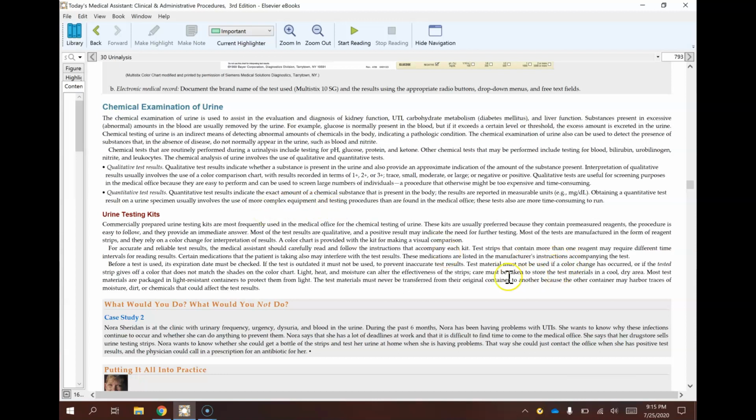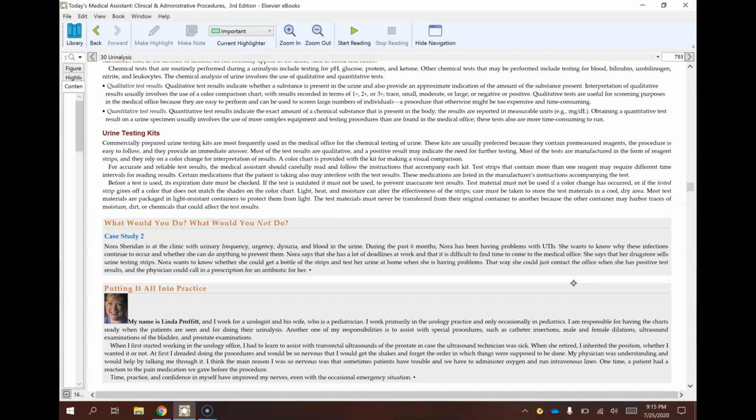If the provider wants to do something more involved than that dipstick, as I like to call it, there are urine testing kits. And these kits are used because the reagents are already pre-mixed and measured, and they provide the doctor right away with here's your answer of what's going on, and that the doctor may need to do more examinations.